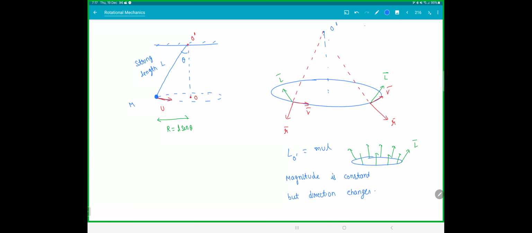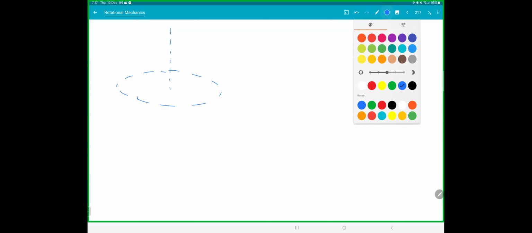Yeah, mg component causes torque. But there is a thing. Now look at this. If you actually try to calculate the torque, see how it is.